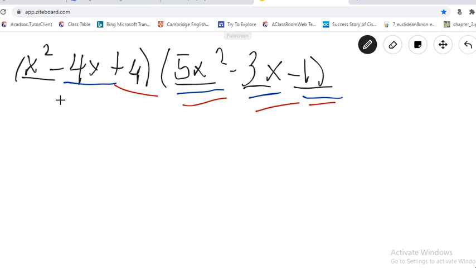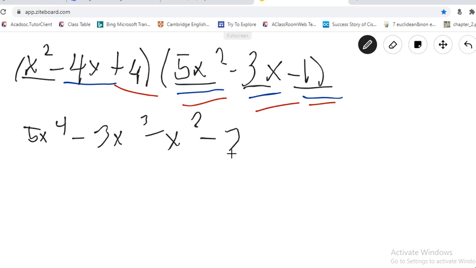x squared multiplied by 5x squared will give us 5x raised to 4. Then negative 3x cubed, negative x squared.